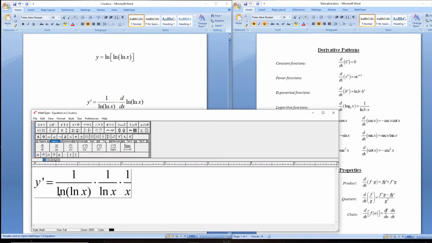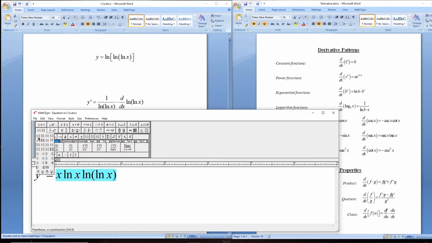So I suppose if you wanted, I mean, there's many ways you could write this. So another thing we could do, I'll put some multiplication dots in here to be as clear as possible.